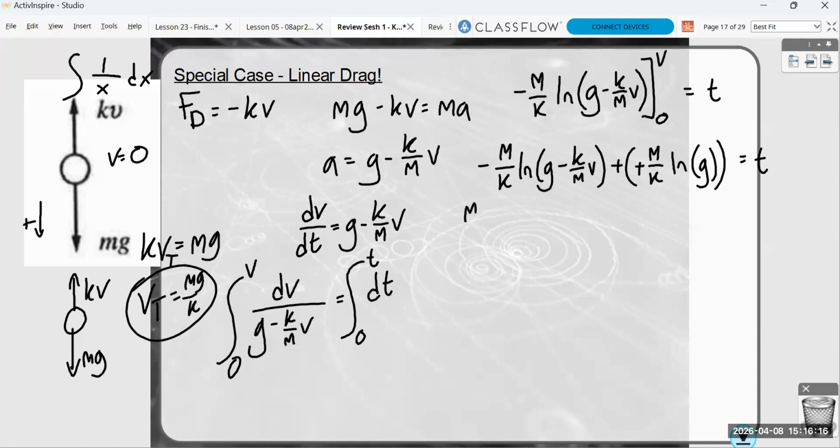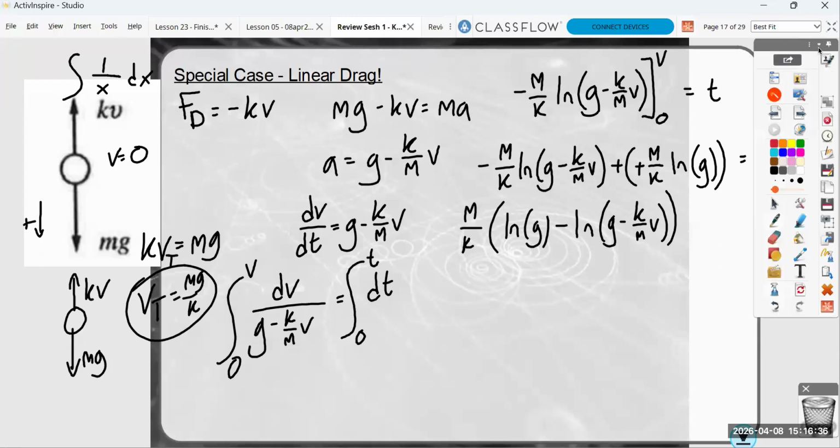So if I factor out m over k, I get the natural log of g minus the natural log of all this goodness. Okay, I didn't do something wrong, but I made my life harder for no reason. For reasons that will become clear in a moment, we are going to keep this minus sign out here.